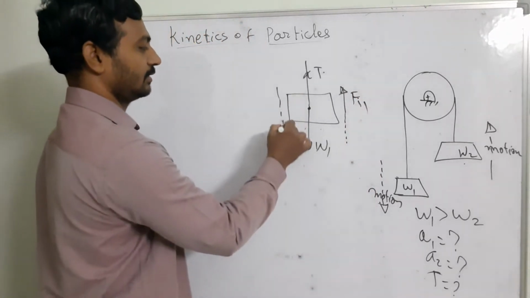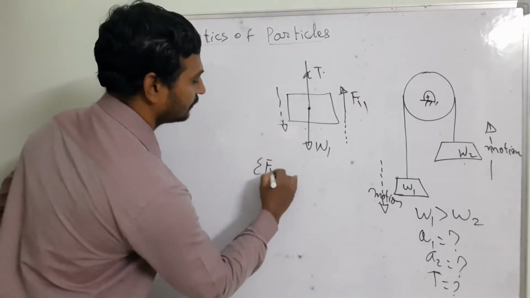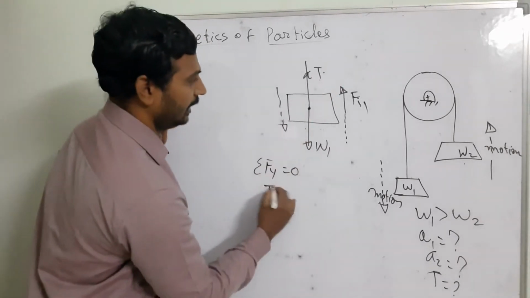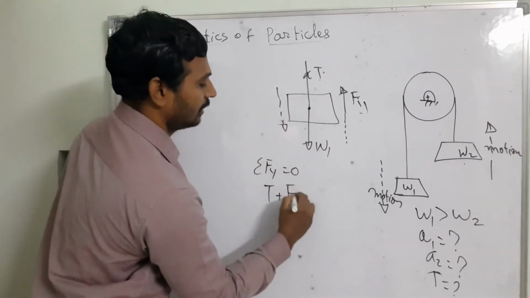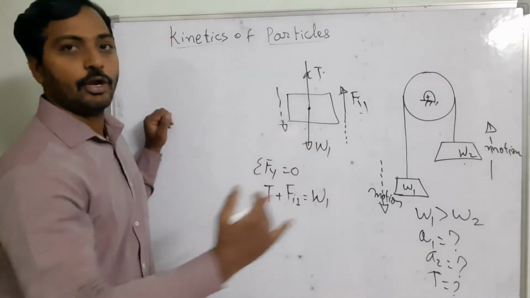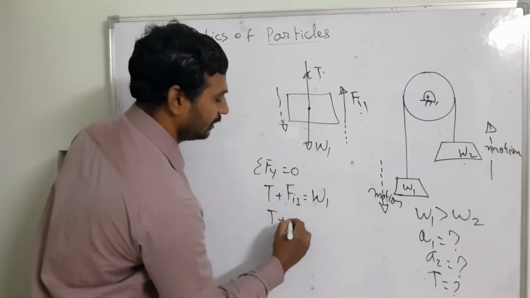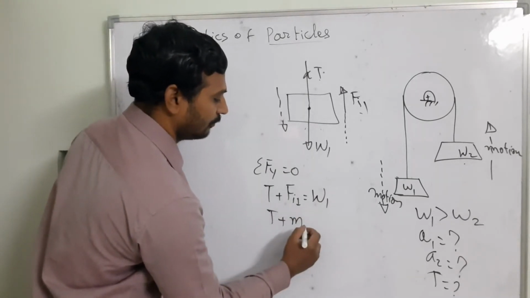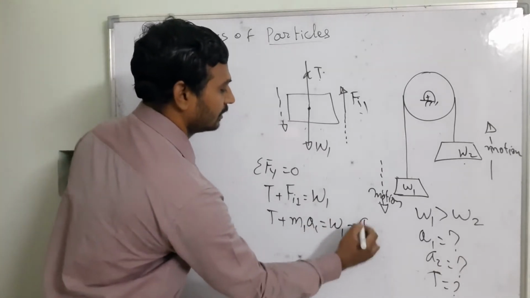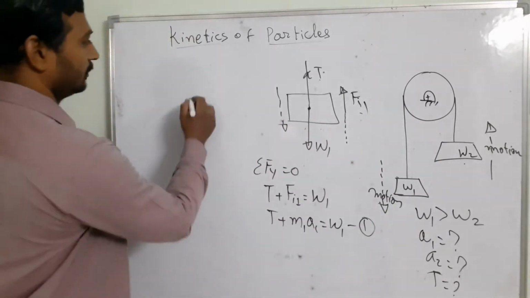This is your motion. So I am going to write the equation sigma Fy is equal to 0. In this case, T and Fi1 are acting in the upward direction, and W1 is acting in the downward direction. If I simplify this equation, T is going to be W1 minus M1 A1. This is equation 2, and similarly I am drawing for W2 also.